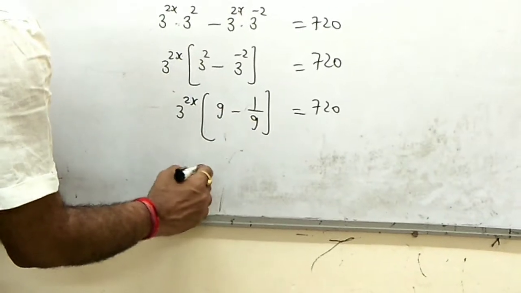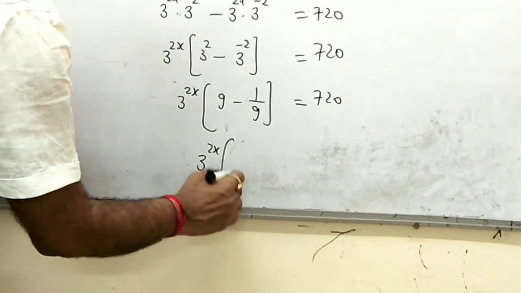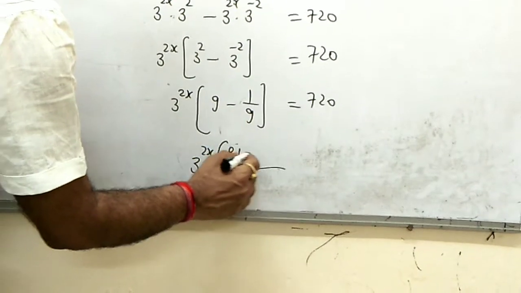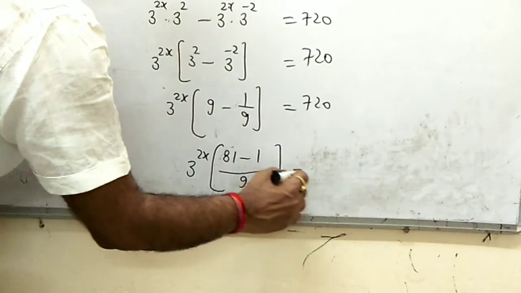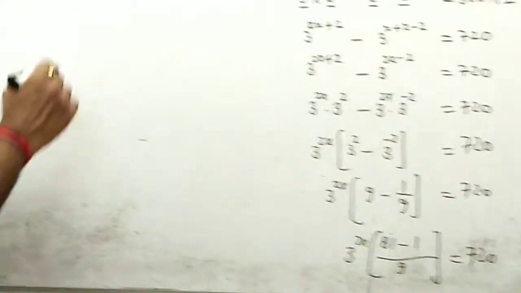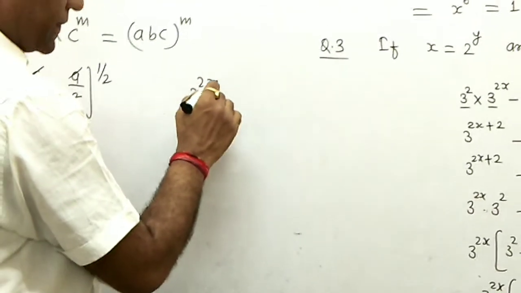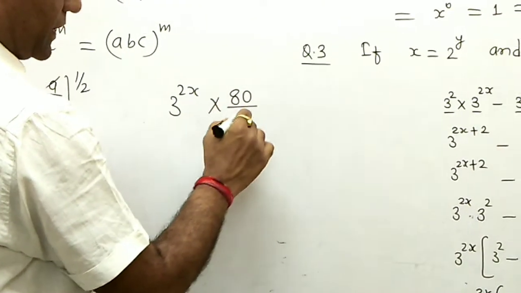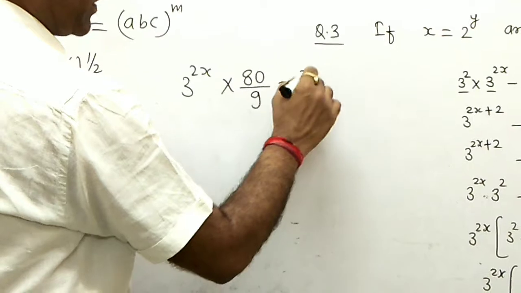So first you take the LCM. Your LCM is 9. 9 nines are 81, minus 1, equal to 720. So we have 3 to the power 2x into 80 upon 9 equal to 720.